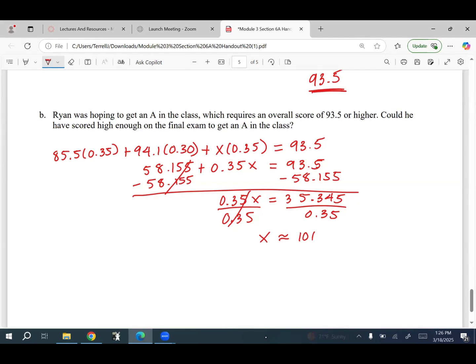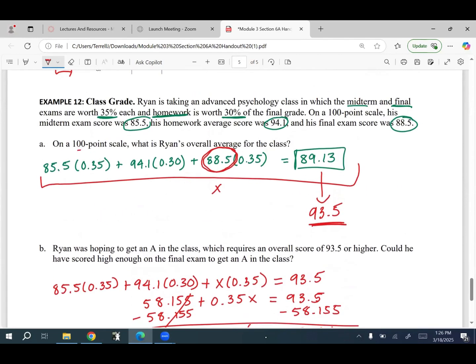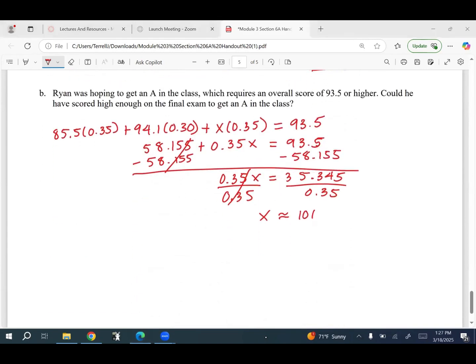Well, we just found out you have to get a 101, but all of these scores are out of 100, meaning the highest you can get on the final is 100. And if that is the case, then it is not possible for him to get the 101, which in turn means he cannot get a 93.5 in the class.